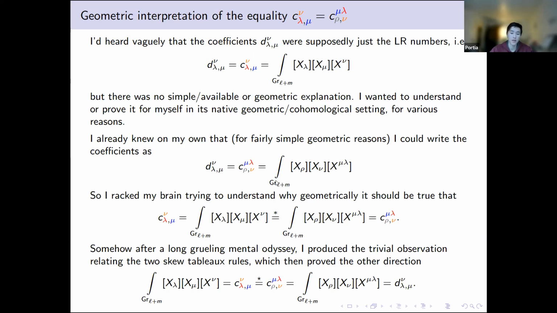But along the way, I somehow landed on the observation of this partition skew tableau thing I just said that told us this. And that just instantly proved the other direction. So it proved that these geometry things were equal.